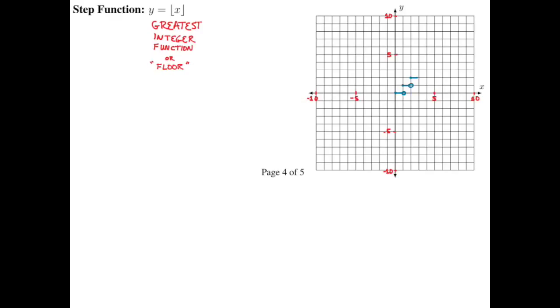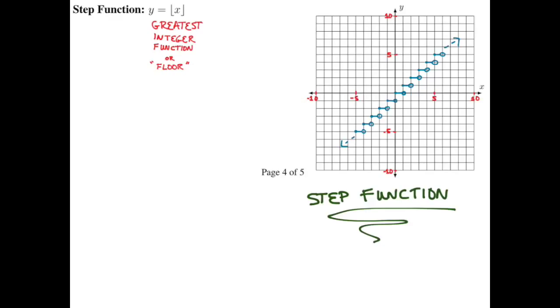And that stays true as you move above 2 until you get to 3, in which case the value is 3. And that stays the case until you get to 4, at which case the value is 4. True until you get to 5, at which case the value is 5, etc.